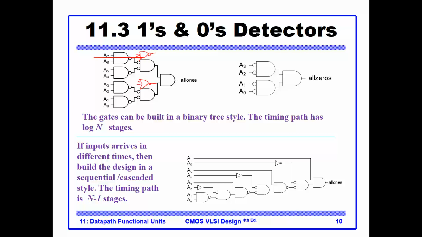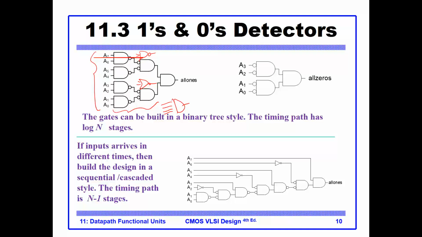Don't be fooled by the direction of the bubbles, but these are NOR gates. NAND followed by NOR gates. So this is basically a 4-input AND gate, implemented in 2 stages, followed by this NAND gate. So this is how you implement, for example, a detection of a 1 on 8 bits.